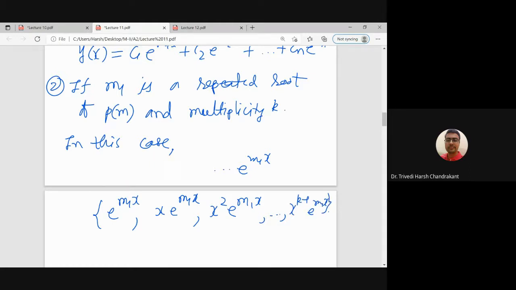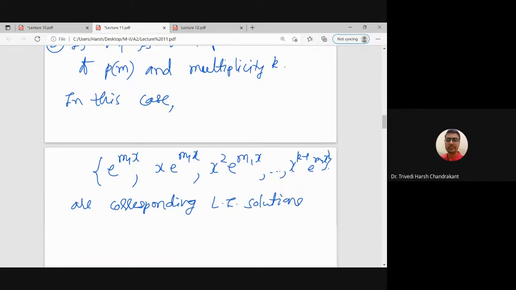So in this case, we get this many linearly independent solutions corresponding to the given homogeneous equation.